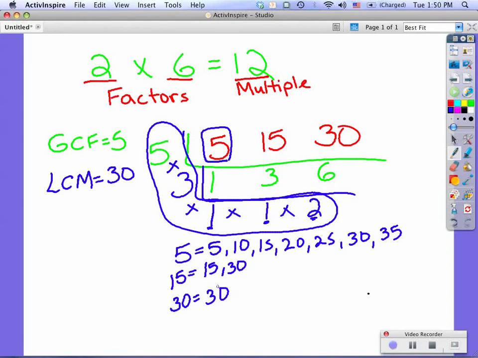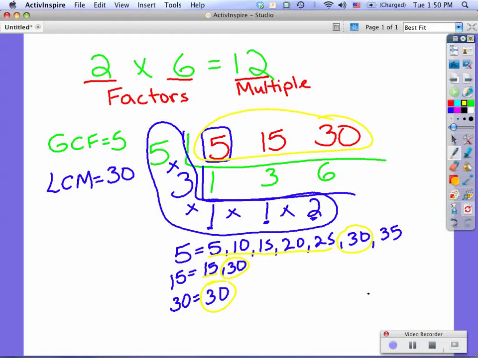Is there anything in front of the 30 on any of these that's in common? Well, we have 15 and 15, don't we? But does 30 share that multiple? And remember, in order to be a common multiple, all the numbers in this set have to share the same smallest multiple or least. So 30 is the first number we have where they all 3 have it in common.